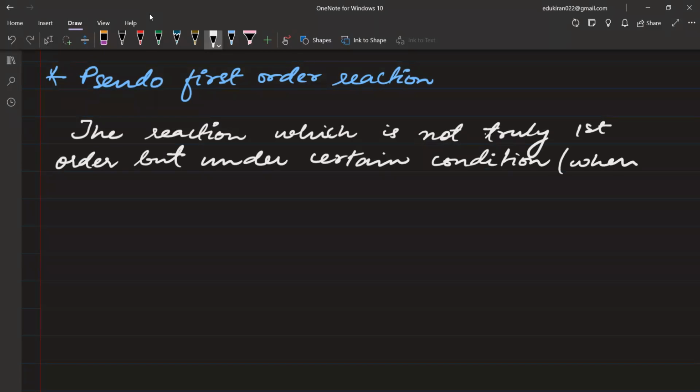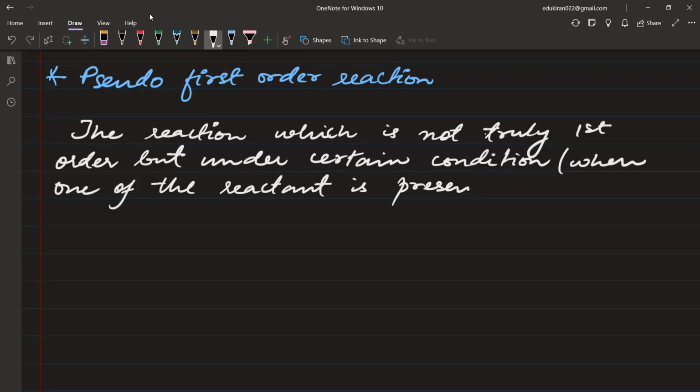When one of the reactants is present in excess.